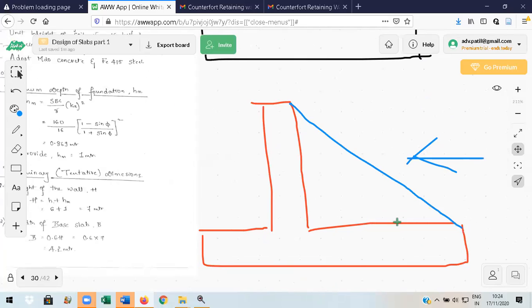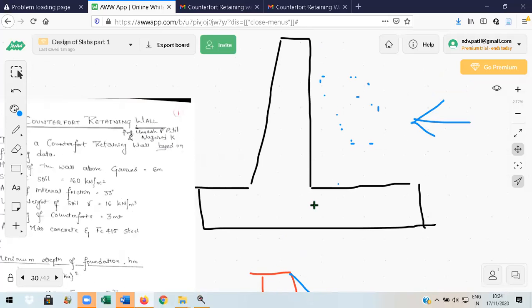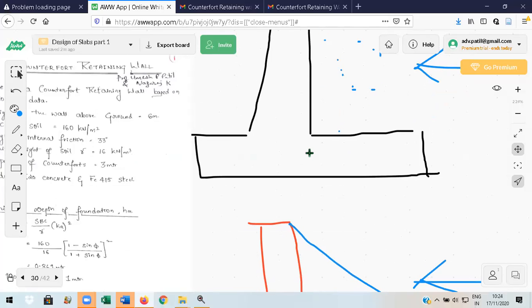Counterfort is preferred. That does not mean that if the height is less, if the client says, even though the height is only 5 meters, but still I want counterfort only, you have to design counterfort for that height also. But for smaller heights, it is uneconomical. Are you getting my point?